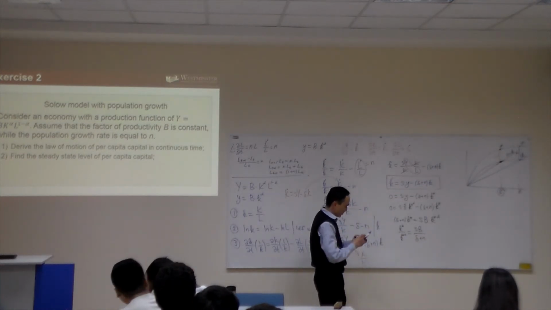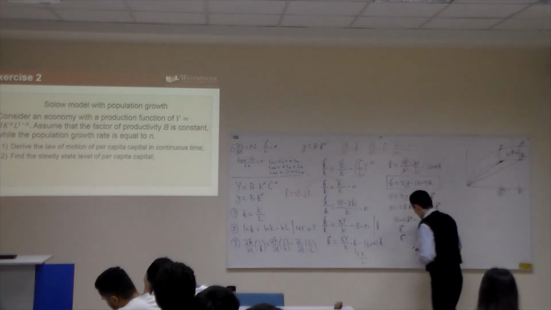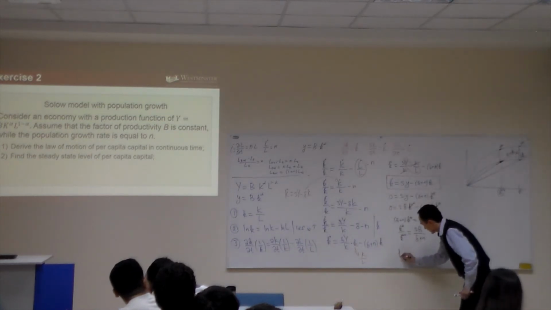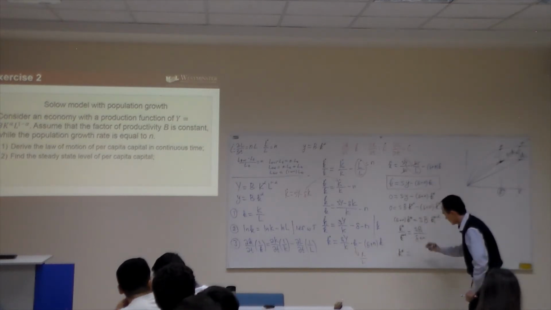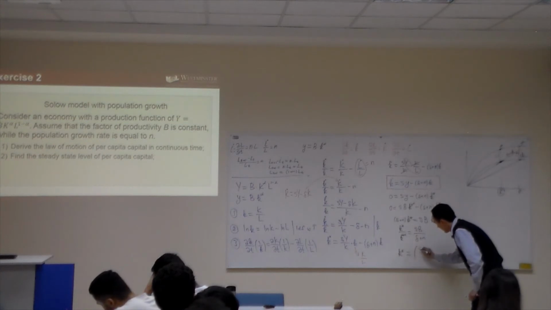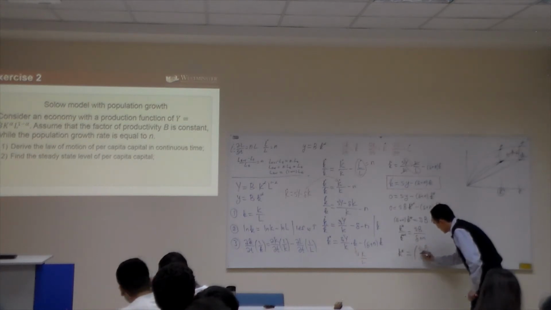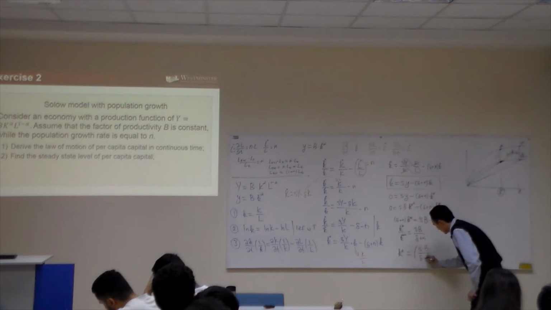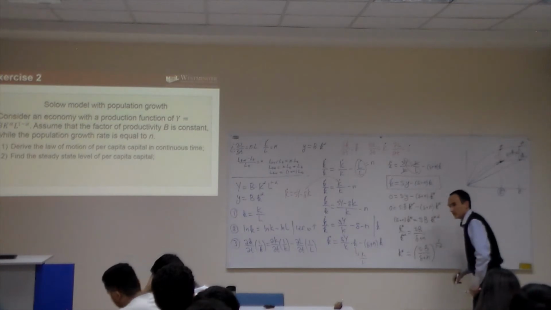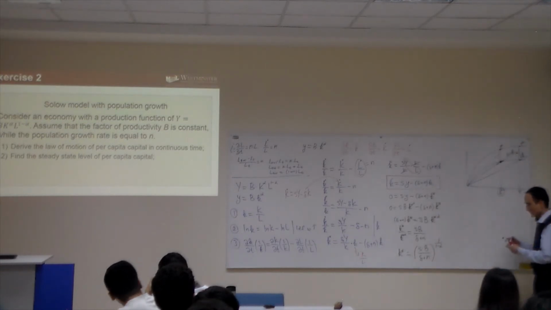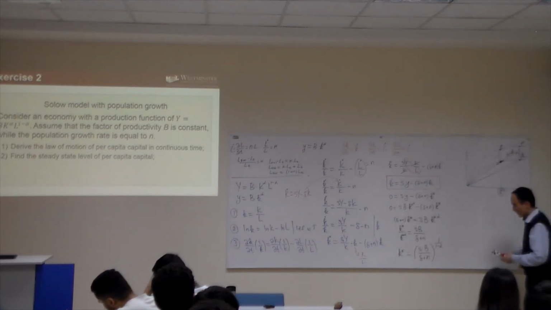So if you do all the simplifications, you will get that per capita capital in the steady state level is equal to saving rate times technology over depreciation rate plus growth rate in population, in the power of 1 over 1 minus alpha. Okay? You will get this as we did it earlier.